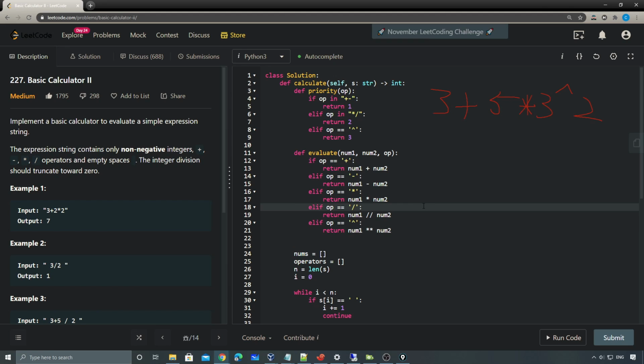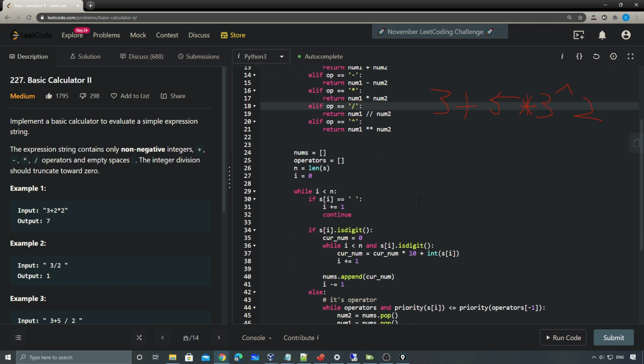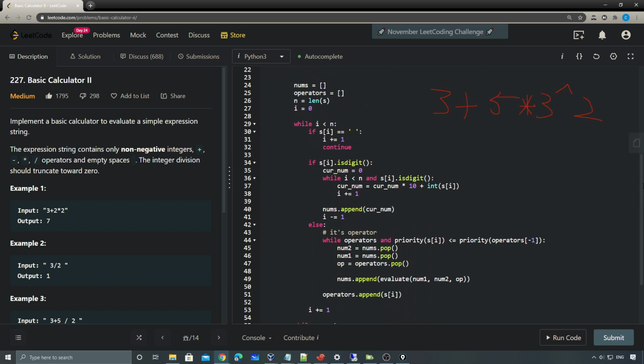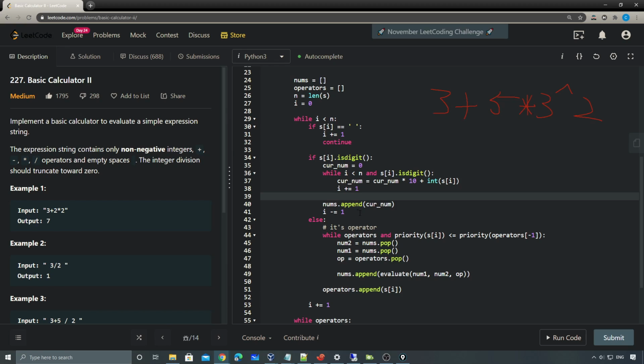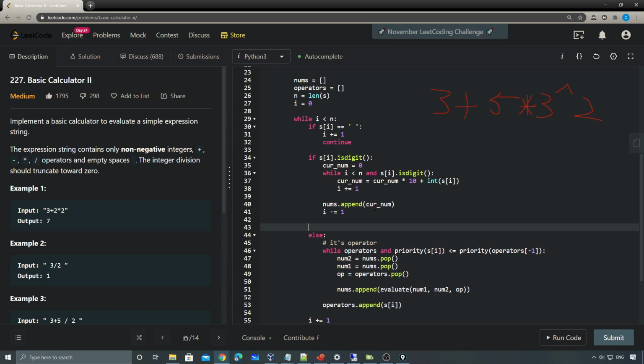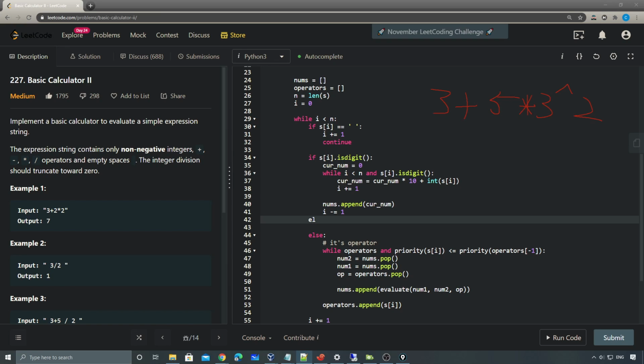And how about supporting the parentheses, right? To support the parentheses, we basically have to add two more else conditions here. The first one is simply else if the si is equal to the left parenthesis.